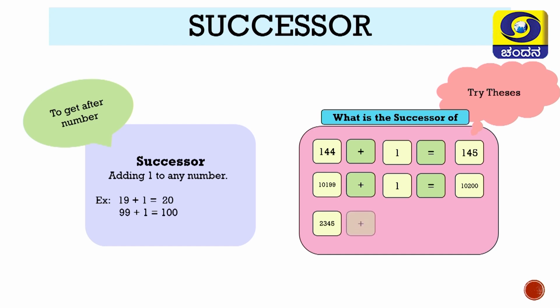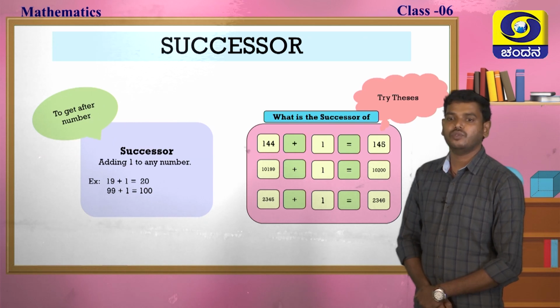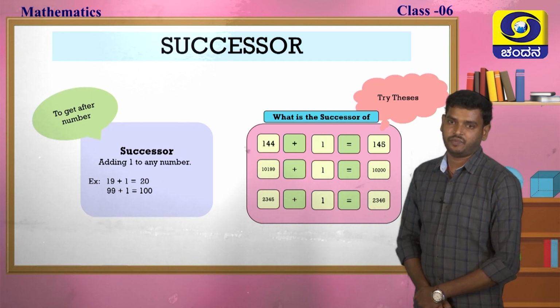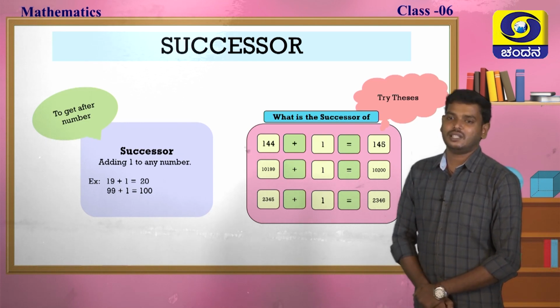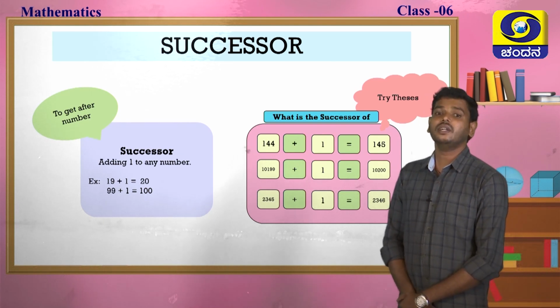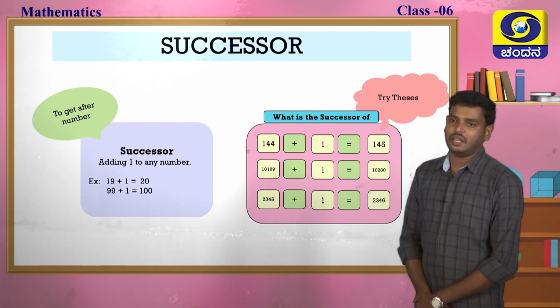Yes, easily you will add 1 to it and find the successor, that is 2346. This is the successor. Understood, children? But you should not forget, successor is nothing but adding 1 to any number. I hope you have clearly understood.